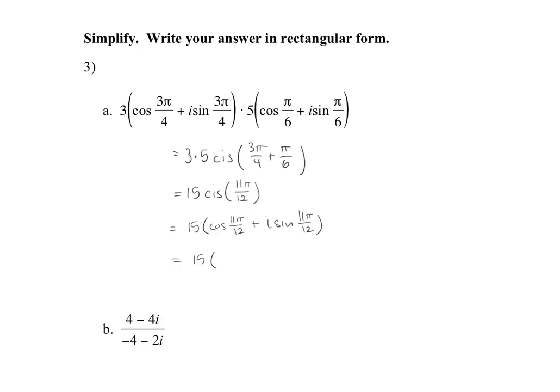Cosine of 11 pi twelfths is roughly negative 0.966. And for sine, we do the sine of 11 pi twelfths. And that's 0.259.